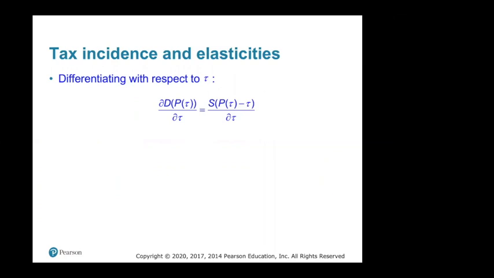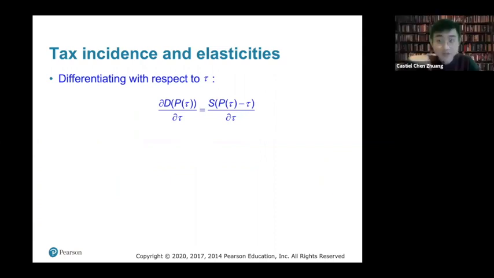So the P is how much you pay as a consumer. As a producer, because the government collects tax from producers, I don't get P paid by the consumer. I get P minus tau, because every time the consumer pays, the government actually extracts the tau from the price. So I only get P minus tau.